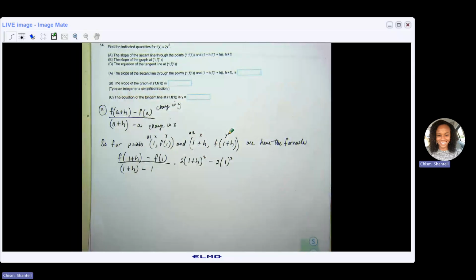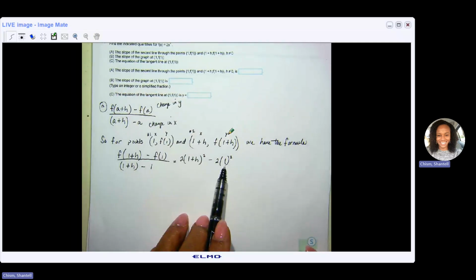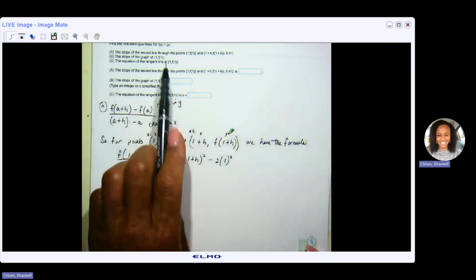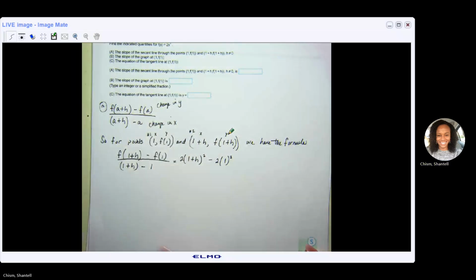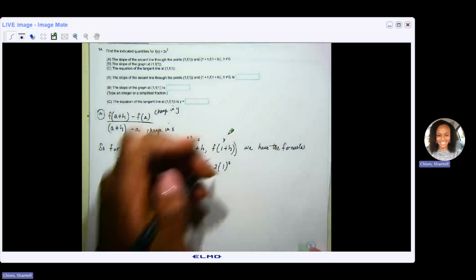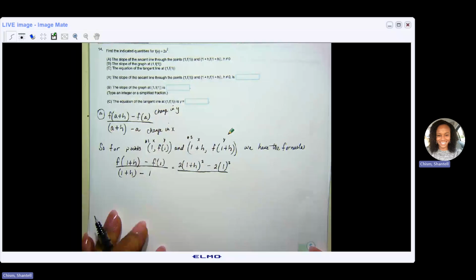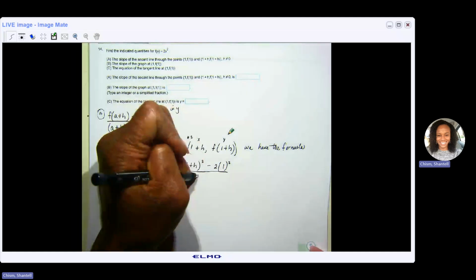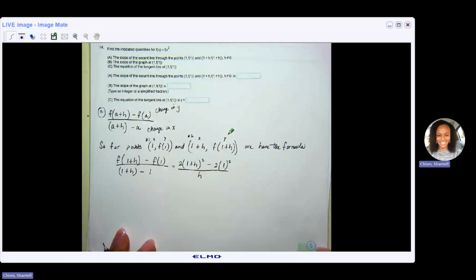Where we had x, we replaced it with 1 plus h, and with 1 right here. Then on the bottom, we still have technically just 1 plus h minus 1, but if you drop off those parentheses, look at what happens to the ones. The ones cancel out. So this essentially is just over h. Wherever we can simplify, of course we would.